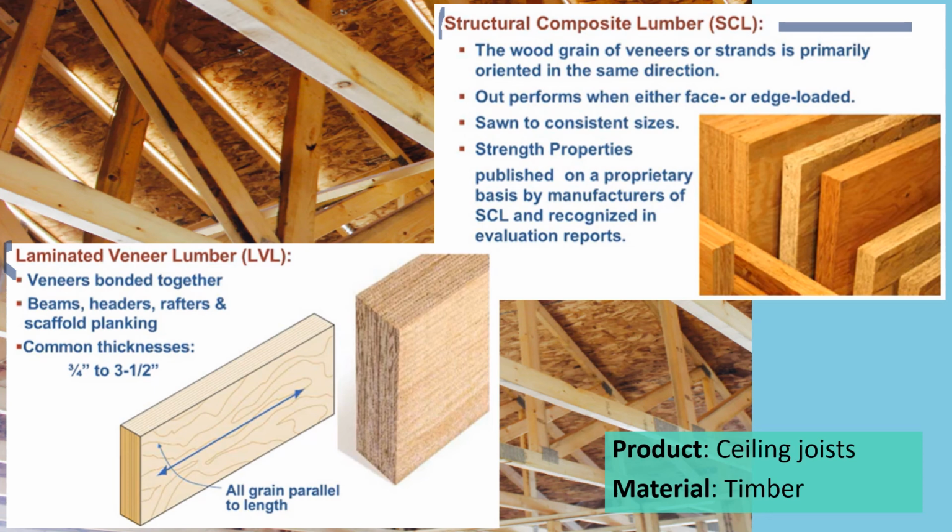So we know that it's made from wood grain, and they are laid out in strands which are all in the same direction. Boom. It outperforms when either face-to-face or edge-loaded. It is sawn to consistent sizes. Its strength properties are published on a proprietary basis by manufacturers of SCL and recognised in evaluation reports, making it reliable.